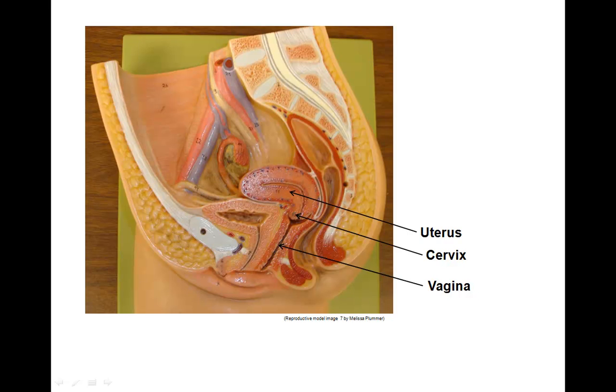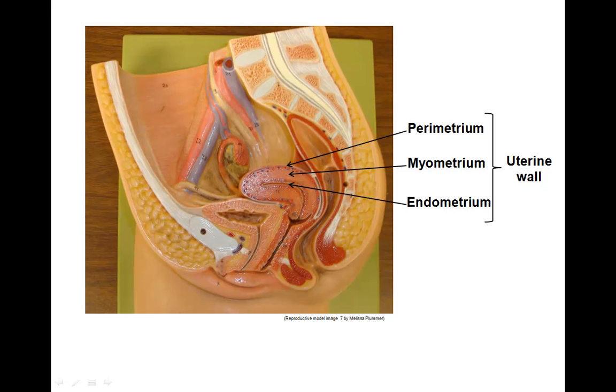The lower 1/3 of the uterus is the cervix. The vagina is a muscular tube extending from the uterus to the outside of the body. It functions as the female organ of copulation and the channel for uterine secretions, and also serving as the birth canal.